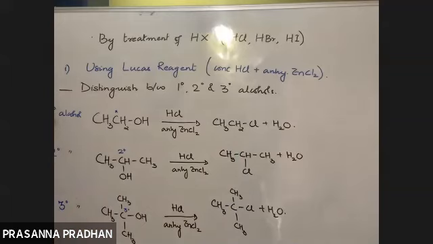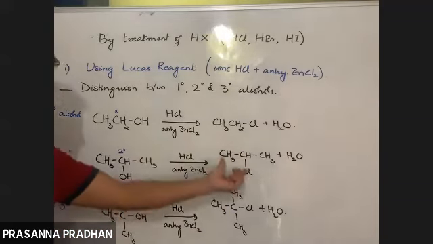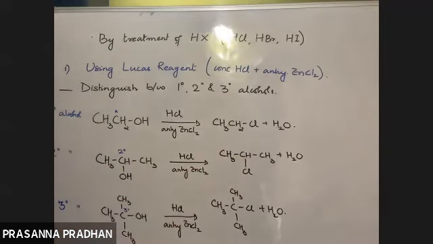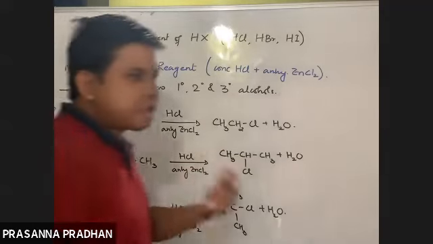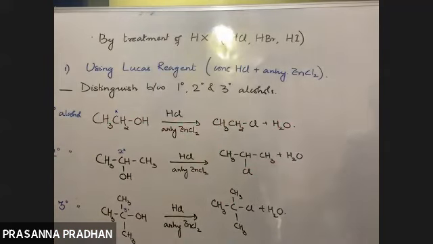Now all the 3 cases of alcohol will give you the same product: the OH group is replaced and the Cl group comes in. But the rates at which these alcohols react are different.